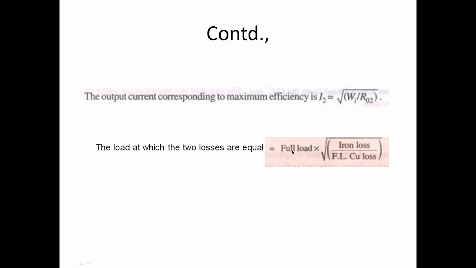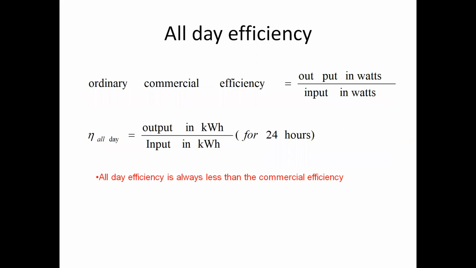Full load means rated kVA, times the root of iron loss by full load copper loss. Correct. That's why we define all-day efficiency for a distribution transformer.